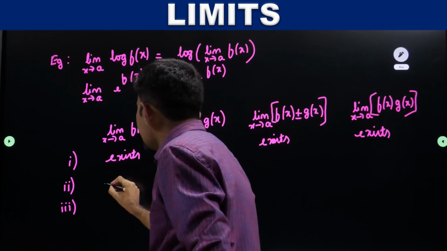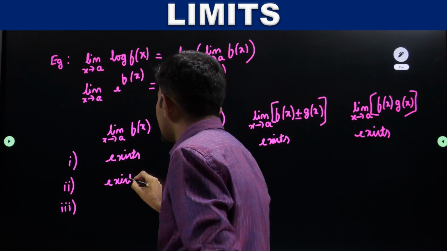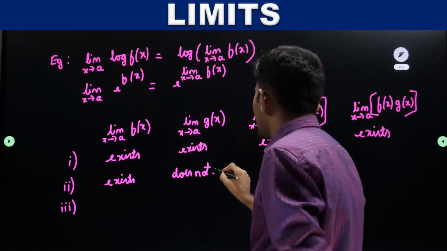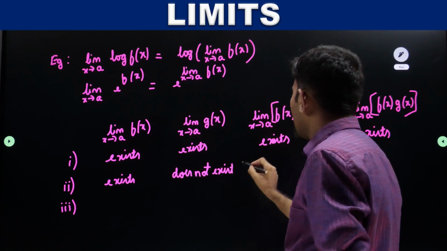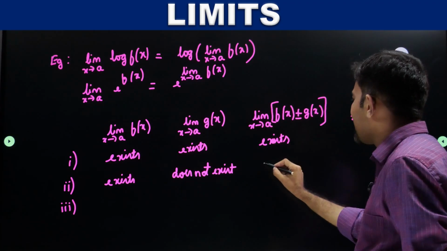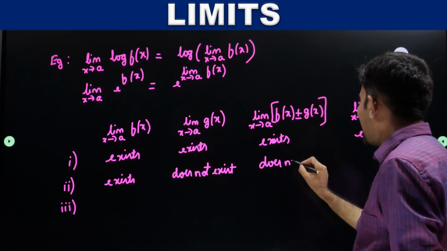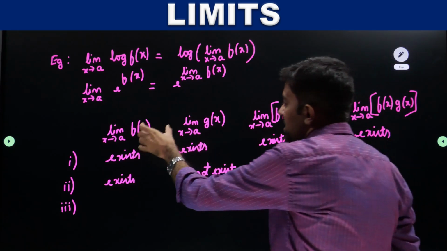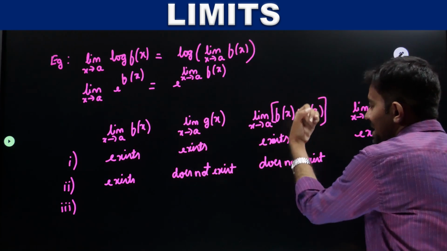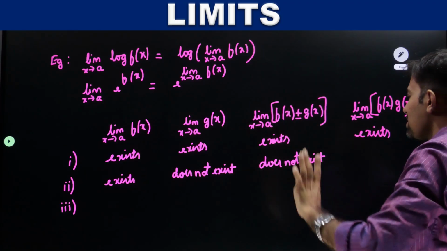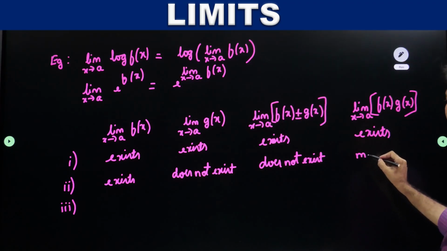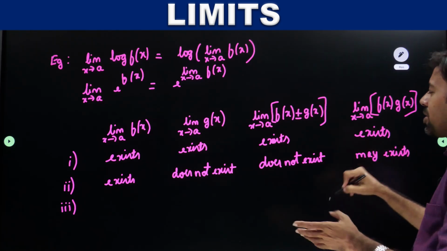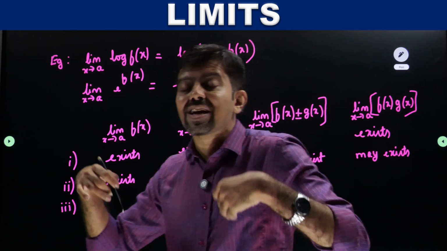Here one exists, another does not exist. In that case, the sum or difference does not exist, can be guaranteed. Limit of f exists, limit of g does not exist, and limit of sum does not exist, or limit of difference does not exist. Here the product may exist. This table is quite important because what we discuss here in limits, it's also applicable in continuity, also in differentiability.